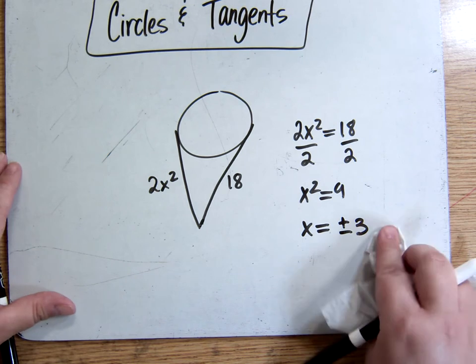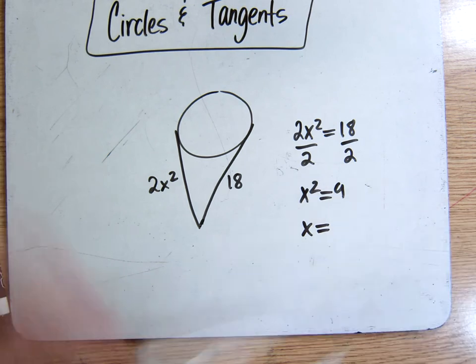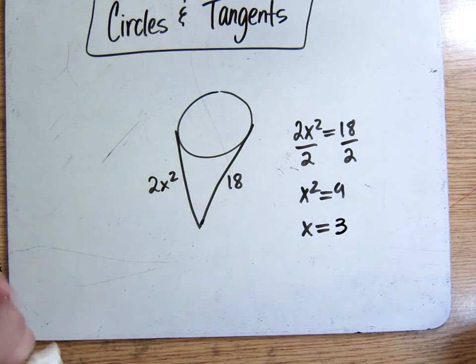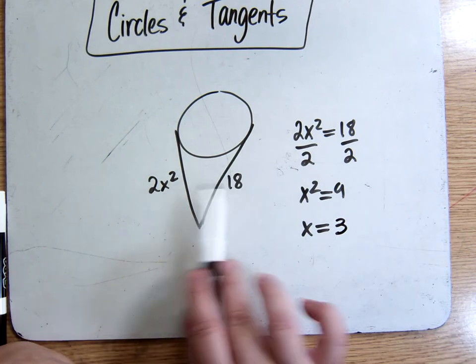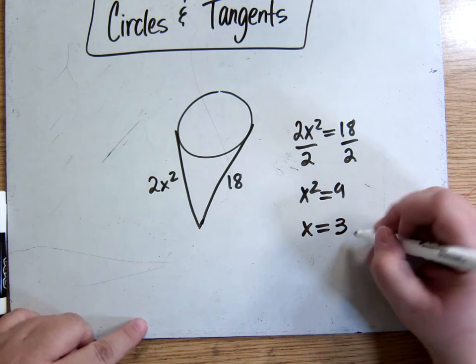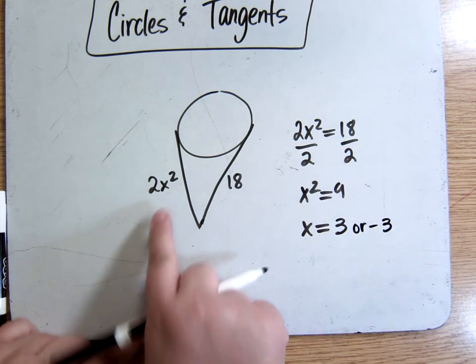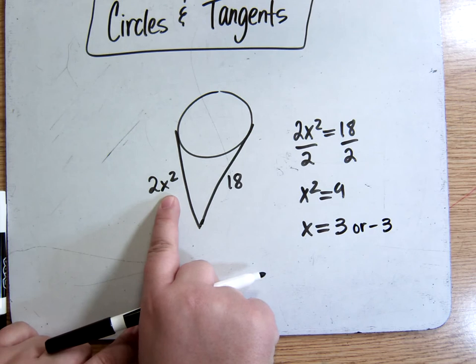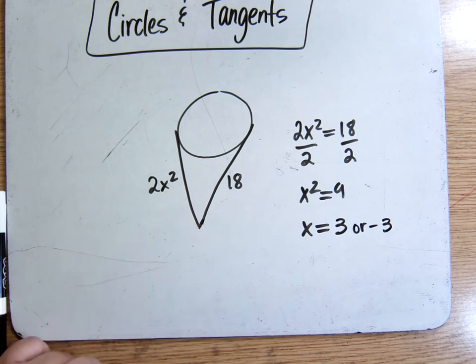A lot of times in geometry, we would say you only want the positive one because you can't have negative lengths. But none of these are saying that x would be a negative length. 3 or negative 3 would work here, because when you plug in negative 3 squared is 9, 2 times 9 is 18, so it still works.